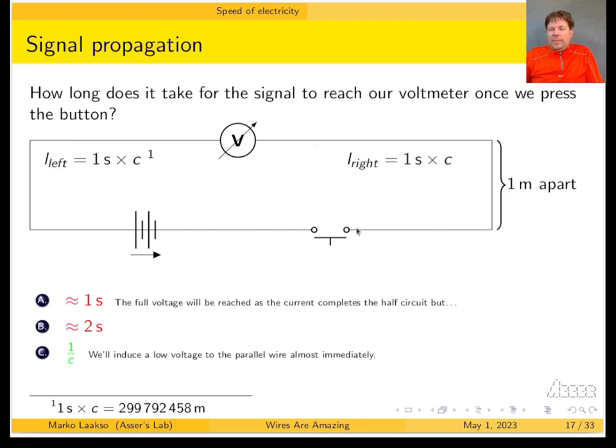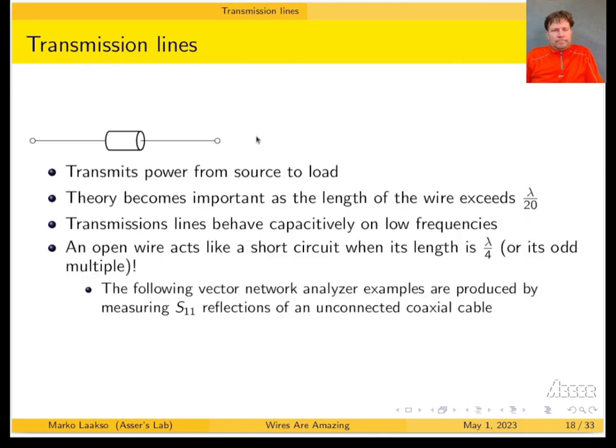So the electric field that you build in here as the signal starts to propagate will induce a reverse current in here, and basically you will see this current on this wire as well. It's not comparable to what kind of voltage you will build once the signal reaches this end, but there's something there already.